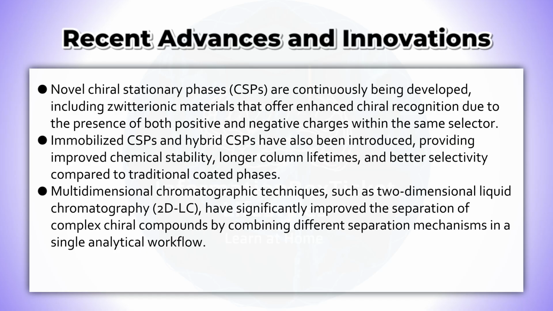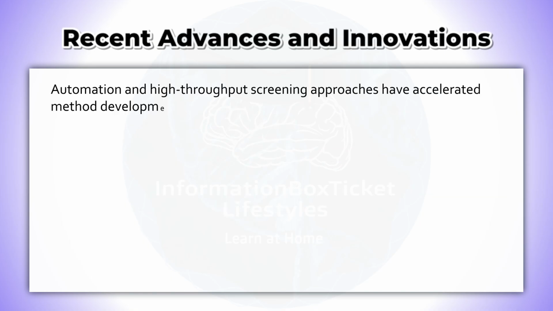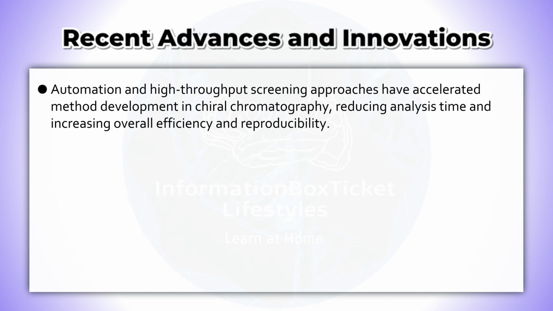Multidimensional chromatographic techniques, such as two-dimensional liquid chromatography, 2DLC, have significantly improved the separation of complex chiral compounds by combining different separation mechanisms in a single analytical workflow. Automation and high-throughput screening approaches have accelerated method development in chiral chromatography, reducing analysis time and increasing overall efficiency and reproducibility.